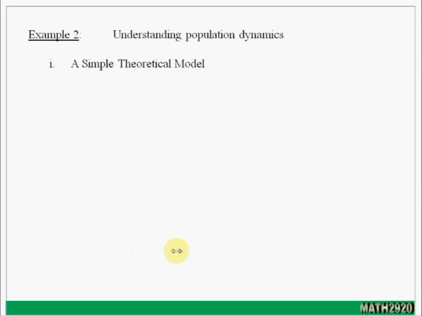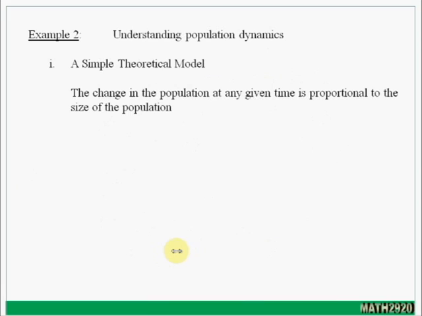So we're going to make some assumptions, and we're going to make this first model really, really simple. We're going to assume that the way a population changes at any time is proportional to the size of the population. And that's it. That's going to be our model. So we're trying to explain how populations grow, or the dynamics of populations, just from that one assumption. Now, of course, that's going to be way too simplified, but it's a good spot to start.